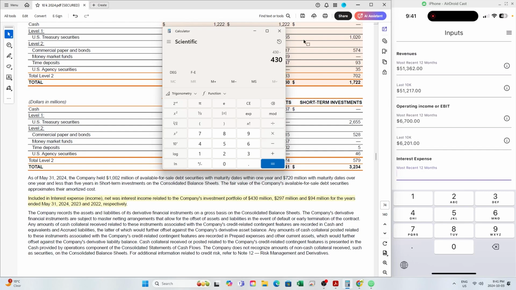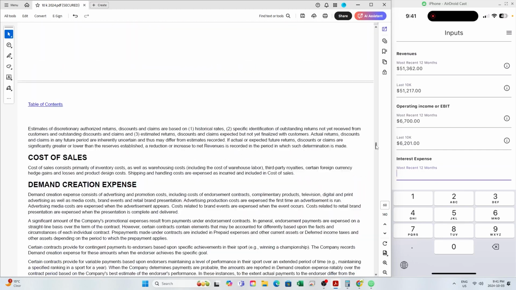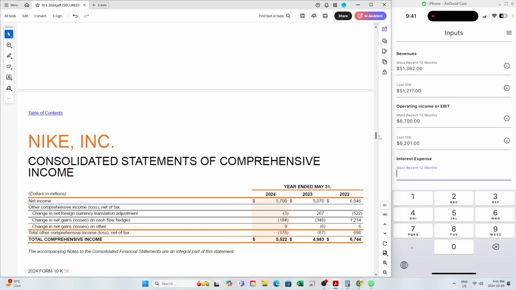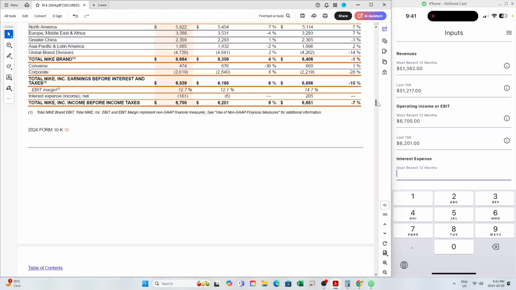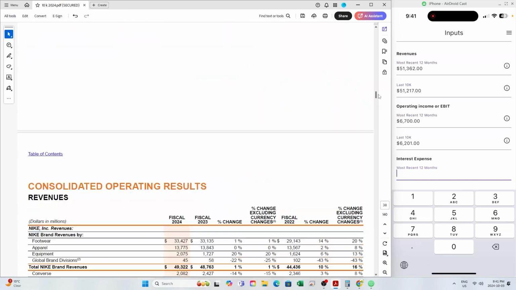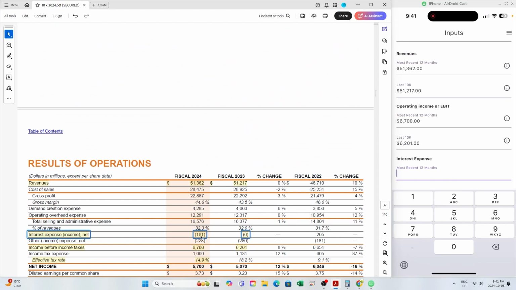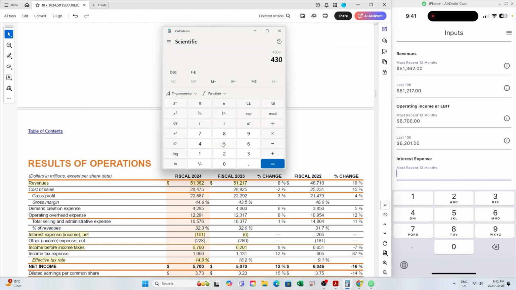We have to deduct from this the actual income shown previously, which was 161 million. The difference of 430 and 161 is our interest expense for 2024, which is 269.